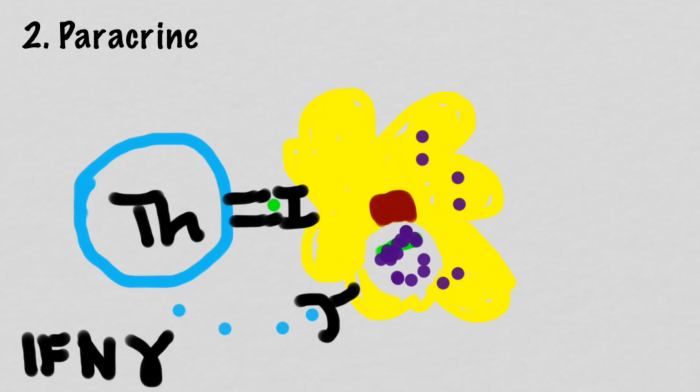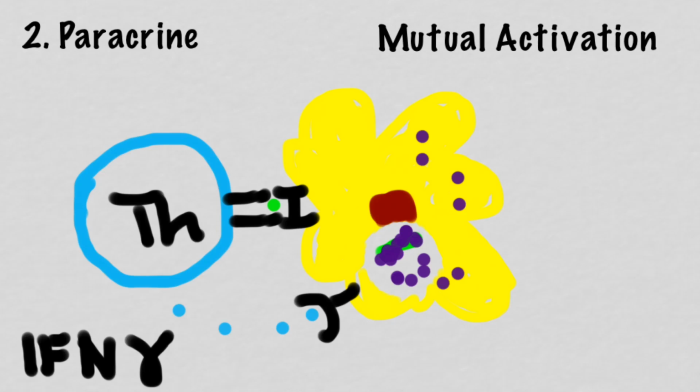There's also a concept known as mutual activation. Mutual activation occurs when one cell produces a cytokine that helps another and vice versa. This can happen with NK cells, which are innate immune cells that are nonspecific. However, when they encounter pathogens by innate mechanisms, they can also produce interferon gamma. And in return, the macrophage will produce a cytokine known as IL-12.